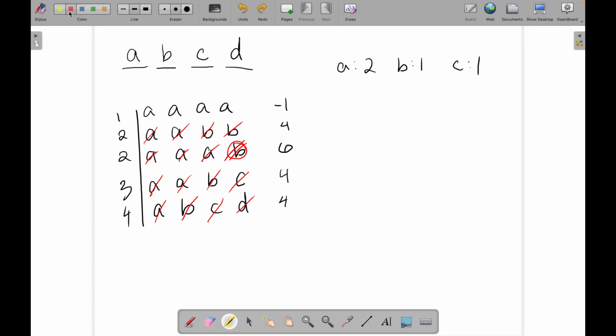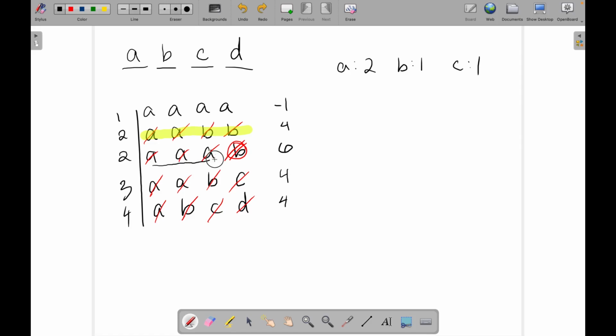What you can see is that no matter what I select, if I select an A, there are going to be two A's, and two B's. So no matter what letter I select, it's going to be 2.